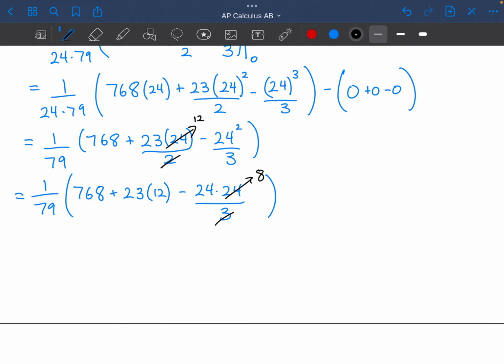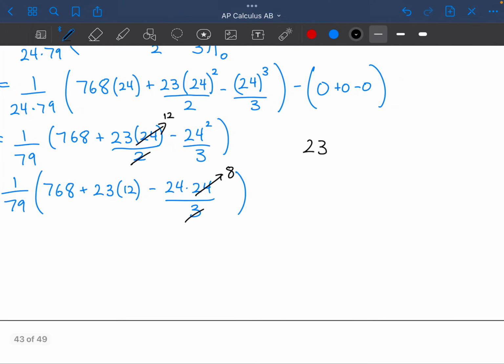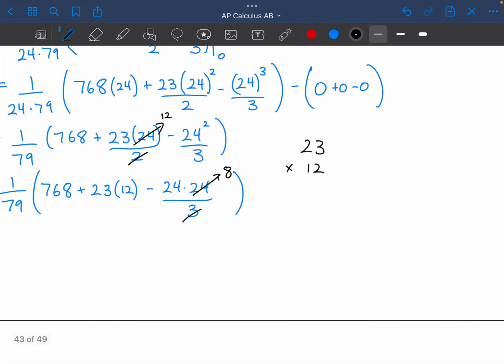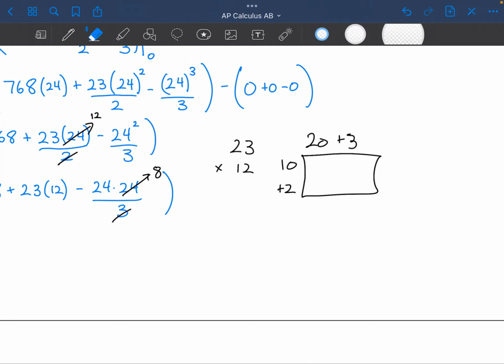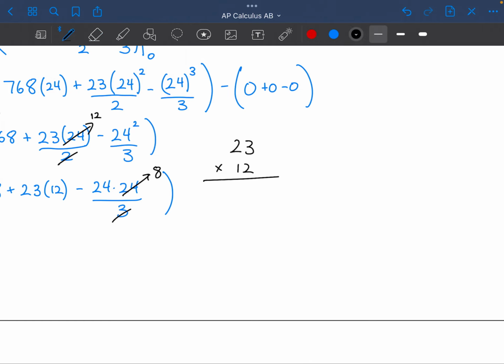So I have 23 times 12. I'm always thinking, what is the fastest way to do this? And some people are like, just do it the old-fashioned way that I have, and I might just do it. Just as a heads up, the other way that I was thinking about doing was 20 plus 3 over 10 plus 2 and making this cool little box, but I'm not going to do that because I like to vary my strategies to be strong at all of them.